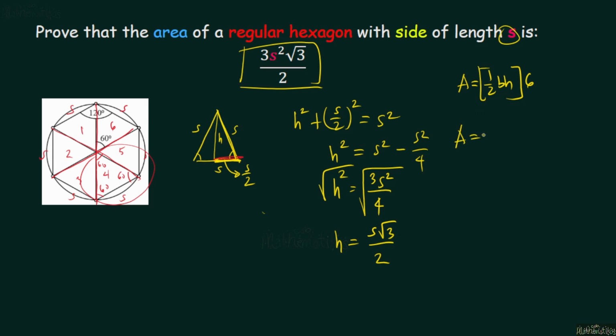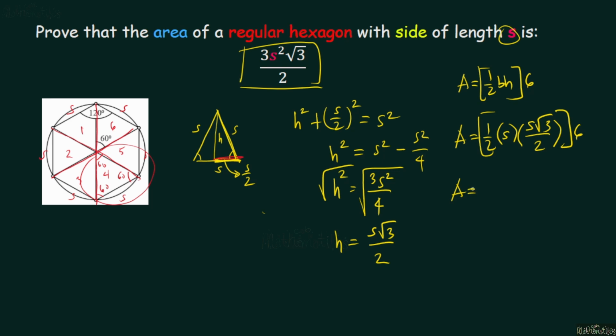So the area equal to 1/2. The base is S and the height is S square root of 3 over 2, all multiplied by 6.